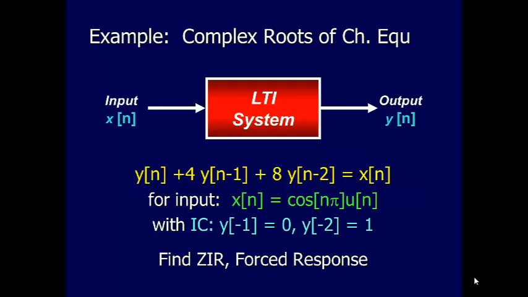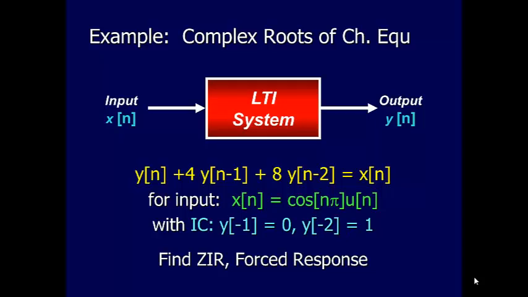But the real world's not that trivial. In particular, we've been putting constant inputs or step inputs in, or maybe exponential inputs in. But what if we start out with a more interesting system and put in a more complicated input function? What's that going to do?